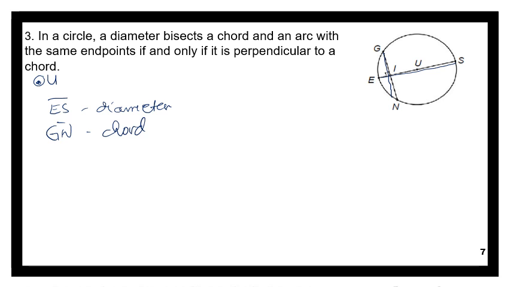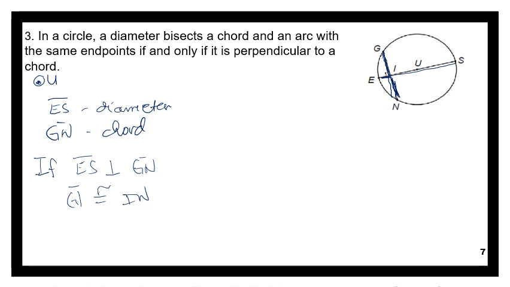Then, line ES bisects line GN, which is why a perpendicular is formed there. It is divided into two equal parts. So, if ES bisects GN, then we can conclude that GI is equal to IN.